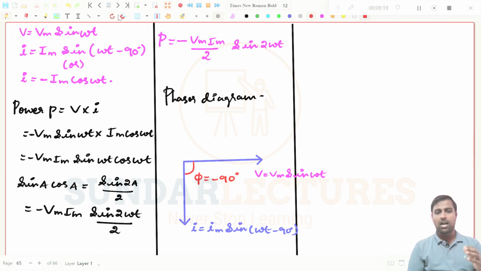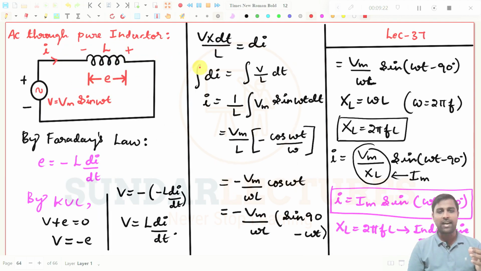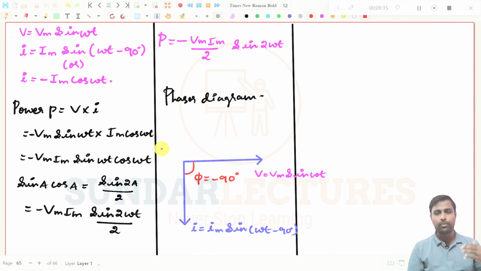See, the current value if you derive it from this expression, we get the current in the purely inductive circuit as Im sine of omega t minus 90 degree. And from that we understand that always in the purely inductive circuit, the current will lag the voltage by 90 degree, by the phasor diagram.